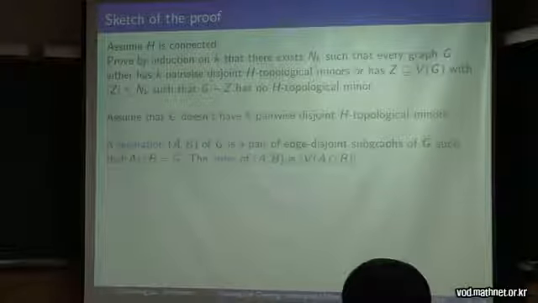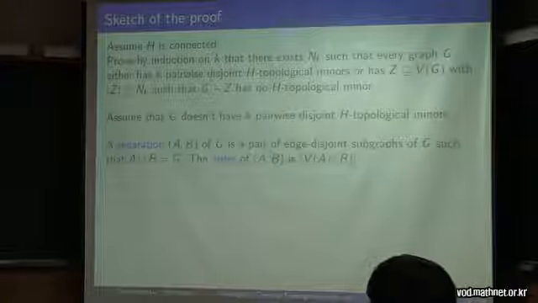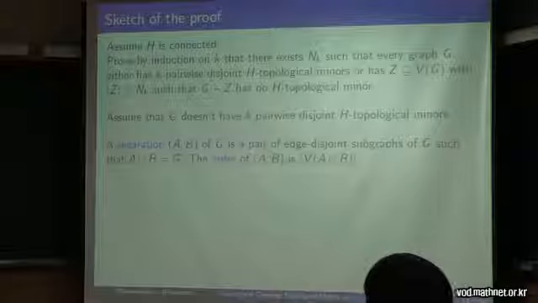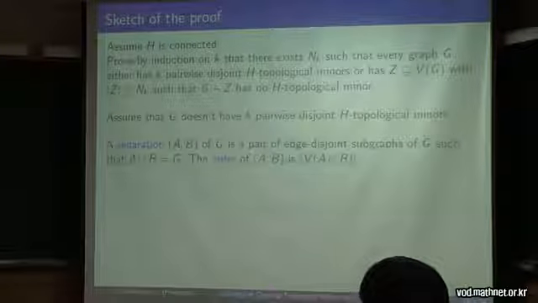Okay, so now I assume the graph G has no K pairwise disjoint topological minors, and I want to prove I can really find such a set of vertices Z. And before doing that, let me define the notion called a separation.